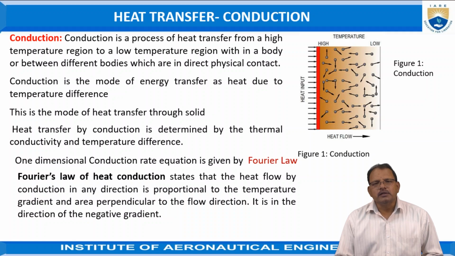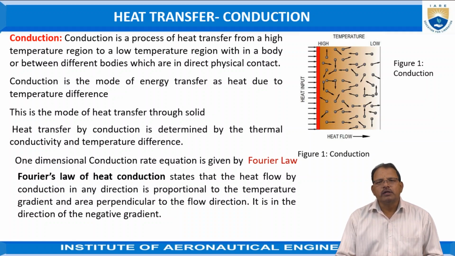The temperature gradient means the change in temperature per unit length. Since heat energy flows from higher temperature to lower temperature, the gradient is the difference of final temperature to initial temperature, hence it is always negative.